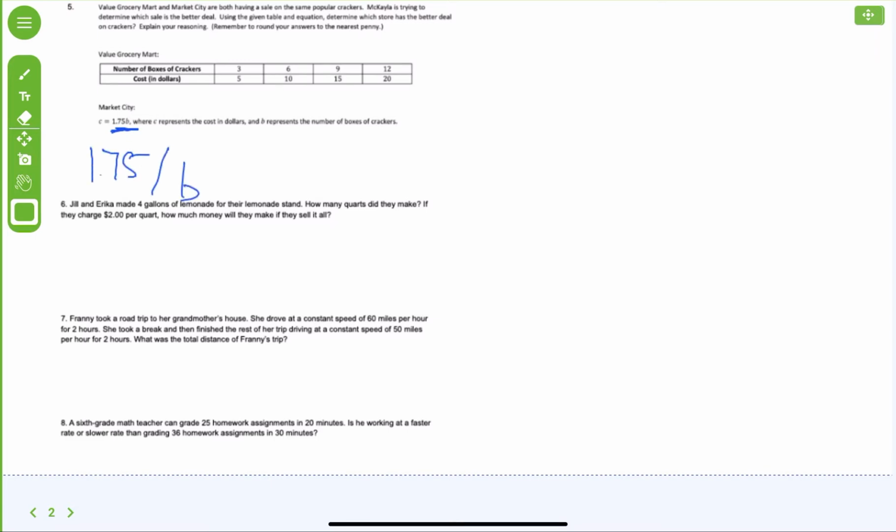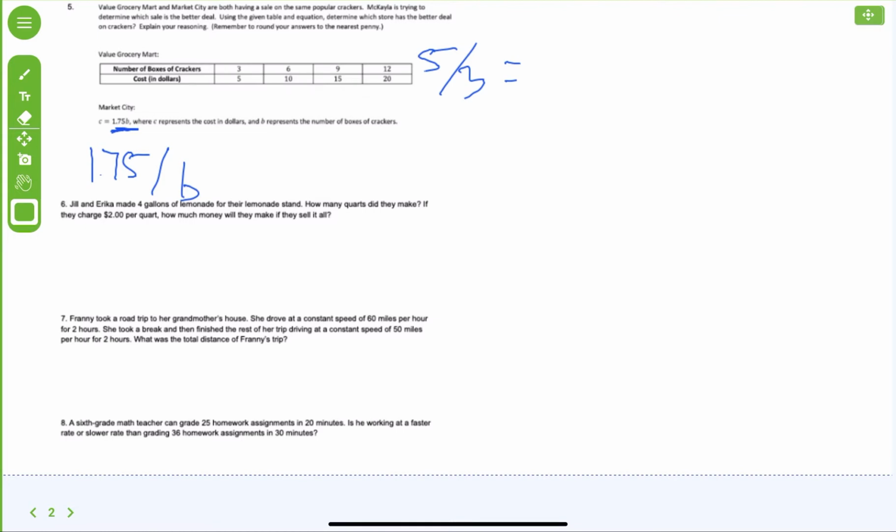Well, how are we going to figure that out for the grocery mart? We can take any one of those ratios as long as we put the cost, $5 per 3 boxes of crackers. We can reduce that to the unit rate by dividing.